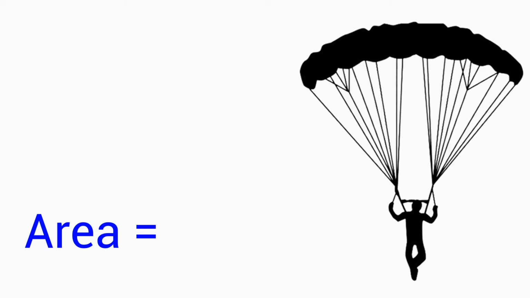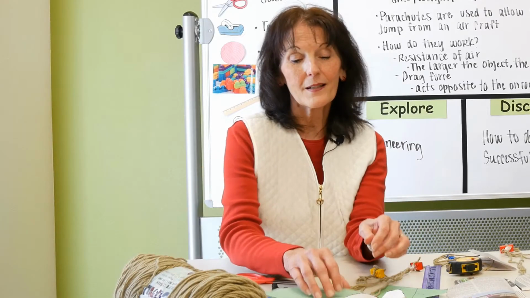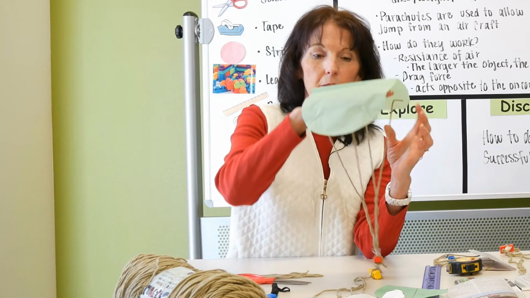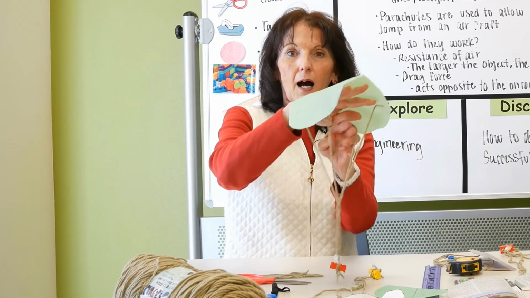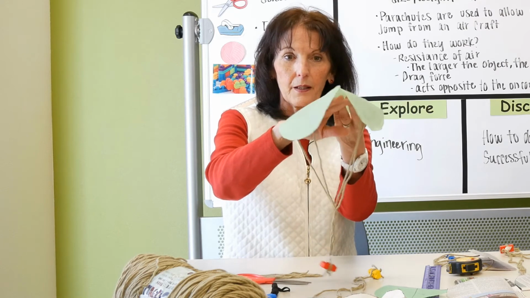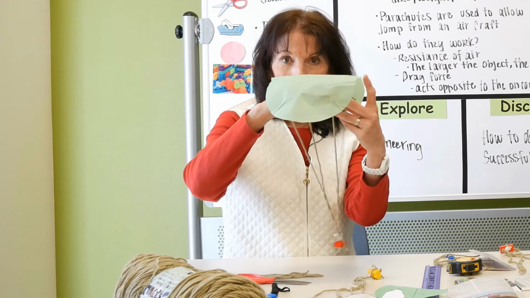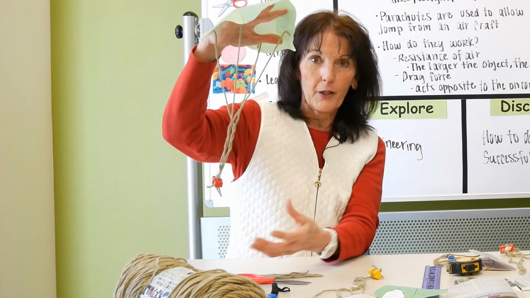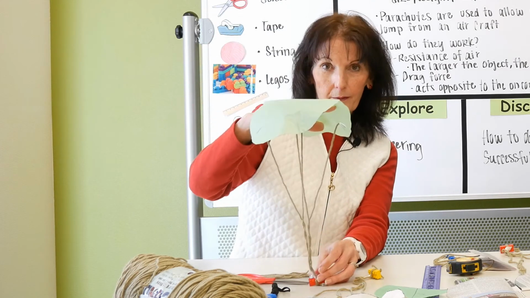So area equals pi, which is gonna be 3.14, times the radius squared, okay? And the reason area is important when building our parachutes is because when you have a larger area, it is going to create more resistance, and you want more air resistance so that the parachute will drop slower.